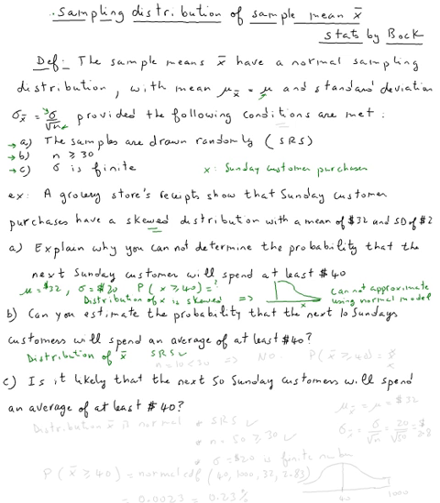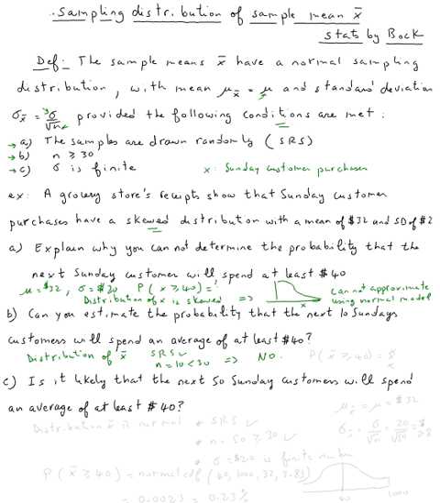But we want n, which in this case is 10 Sundays, so 10, to be bigger or equal than 30. It's not. It's less than 30, which means no, the conditions that we have here are not met.